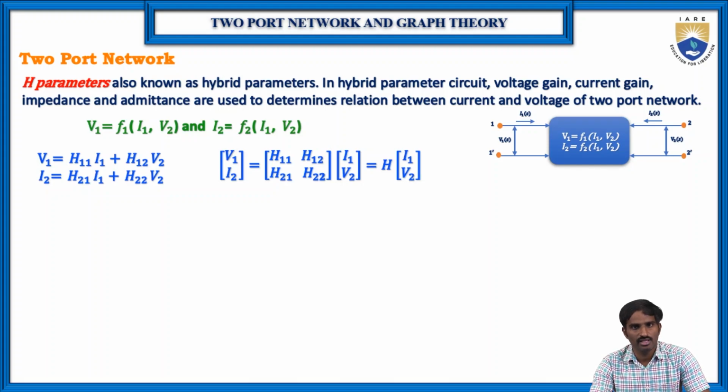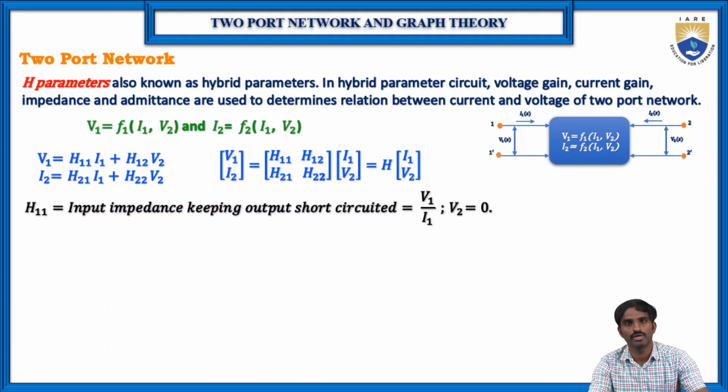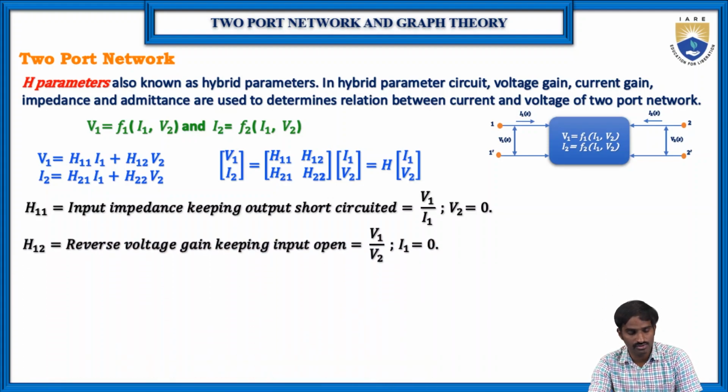Similar to the Z parameters, Y parameters and ABCD parameters, here also we need to find H11, H12, H21 and H22. Here H11 is the input impedance, keeping the output short circuited, which is V1 by I1 when V2 is equal to 0.